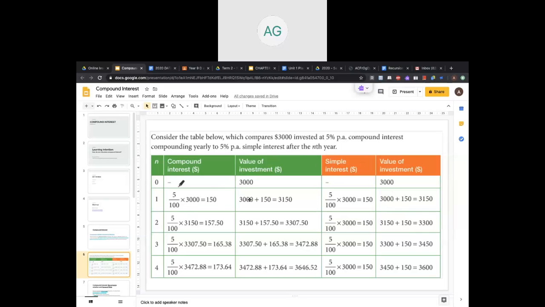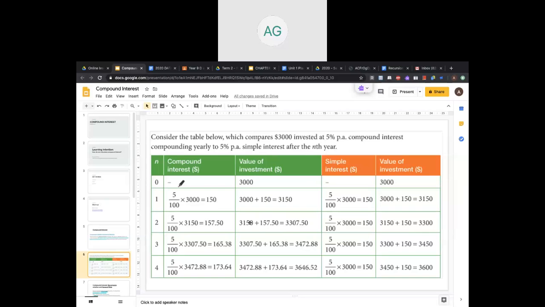What happens after that in the second year? In the second year, you can see it's 5% of not 3,000, but your last year's total amount with interest, which was $3,150. So you can see the 5% of that is $157.50. Now you add this new interest to your last year's principal and interest, and you get a new amount.